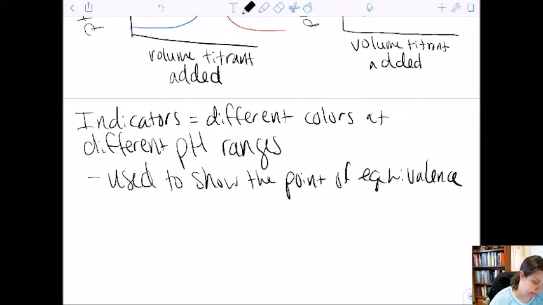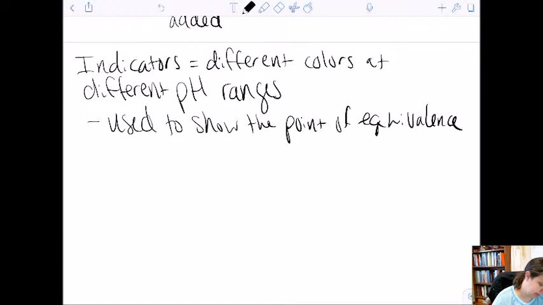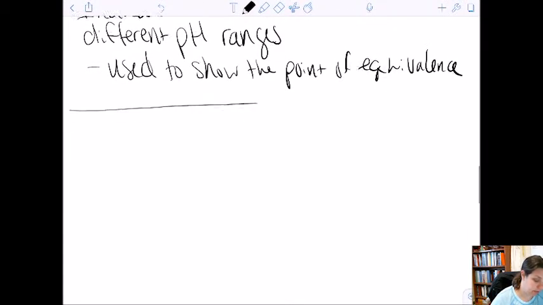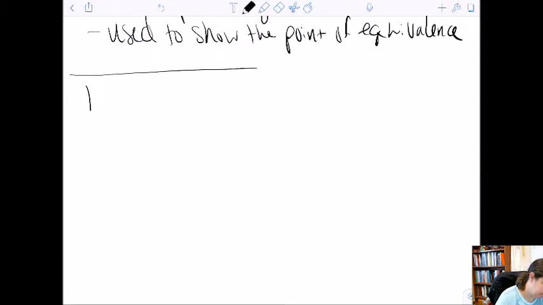We're also, in this lecture, going to go away from titrations. We're going to look at what's called KSP. So KSP is basically what we would call the solubility product constant.